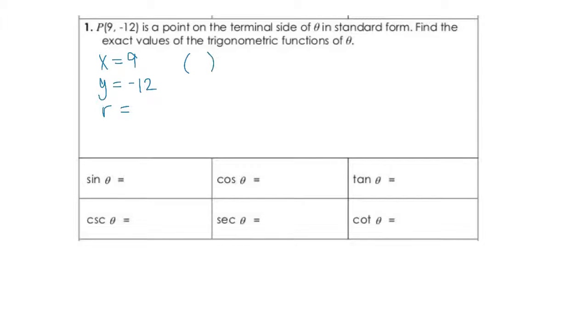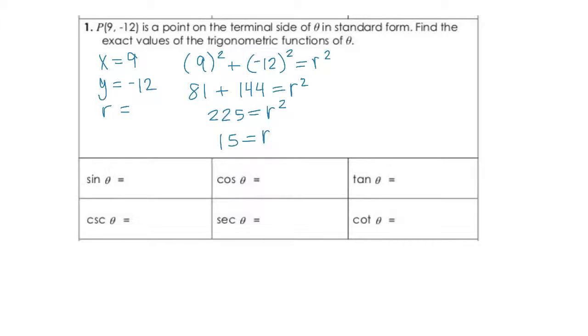We're going to have 9 squared plus negative 12 squared equals r squared. So that's going to be 81 plus 144 equals r squared. So that's going to give us 225. So r squared is 225, so r is going to be 15.